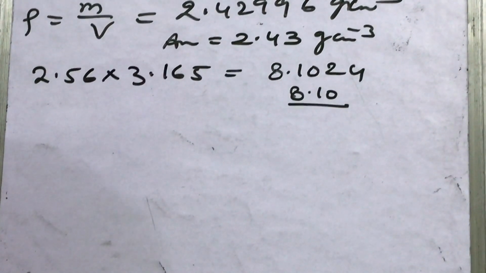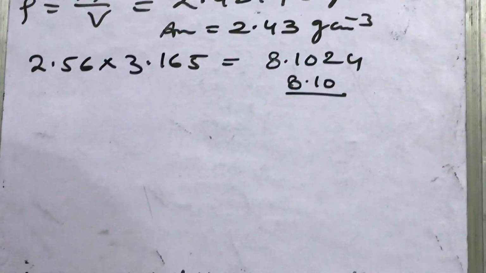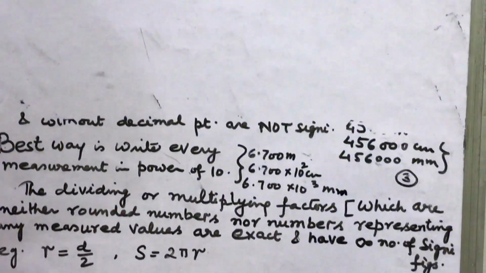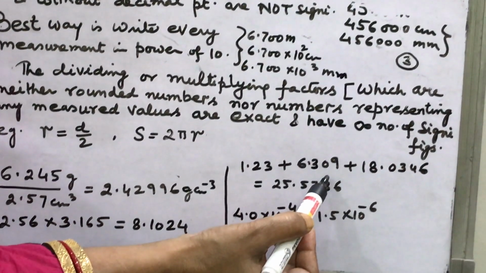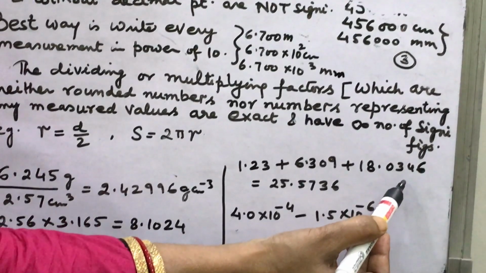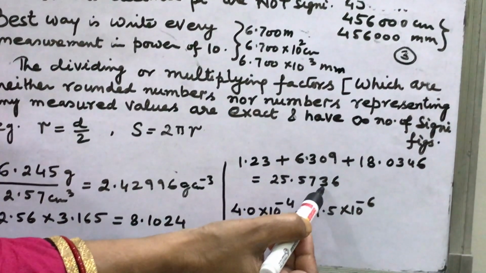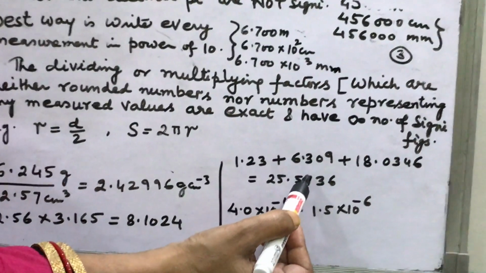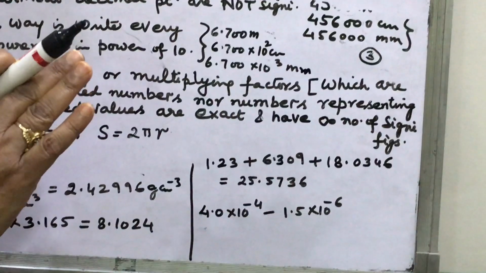Next is addition and subtraction. I think you must see here that 1.23 plus 6.309 is visible? And 18.0346. Adding gives 25.5736. But in addition or subtraction, what is the rule?